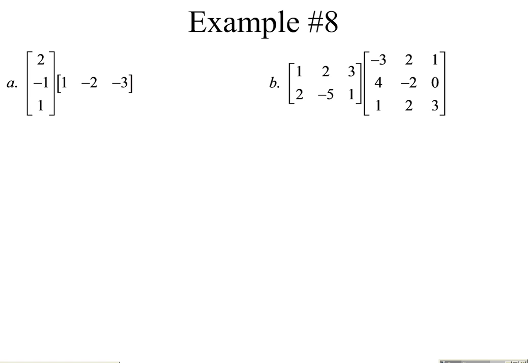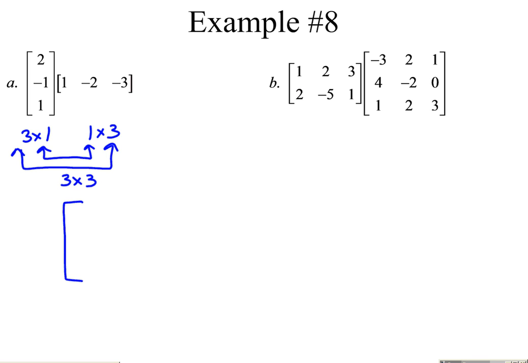Last one here, number 8. We have a 3 by 1 matrix and a 1 by 3 matrix. Middle numbers match, and we're going to get out a 3 by 3 matrix.